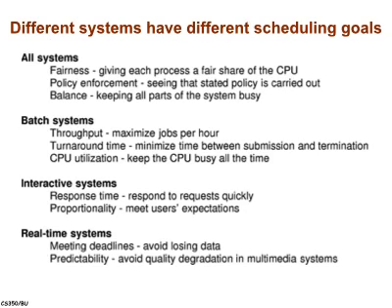So predictability and meeting deadlines are big criteria for real-time systems. This is just to show that different types of systems have different scheduling goals, and you have to look at the specific system to decide what scheduling policy to use.